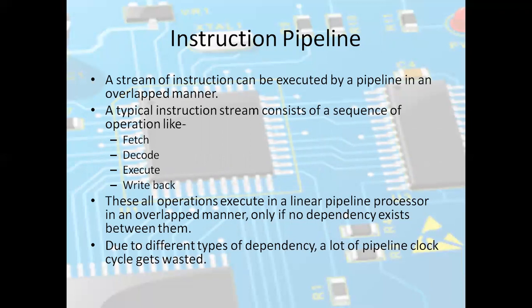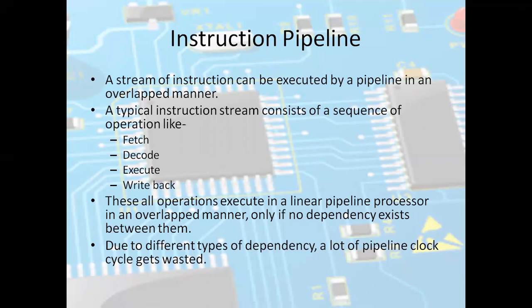The instruction pipeline can be represented with four sequential operations: fetch, decode, execute and write back. These operations execute in a linear pipeline processor in an overlapped manner, only if no dependency exists. If dependencies are not there, they can be executed simultaneously.